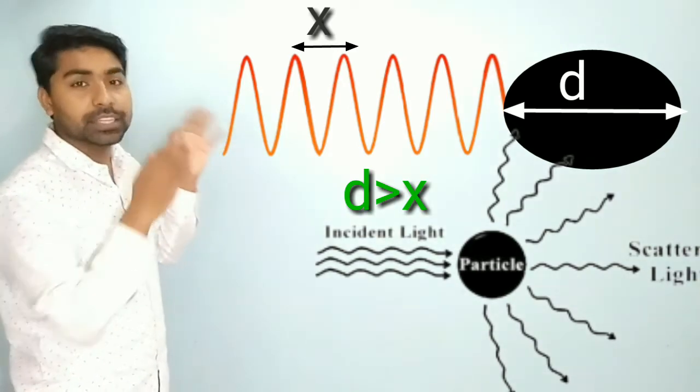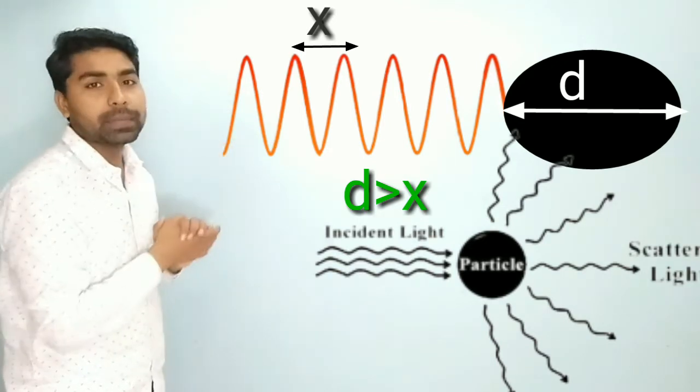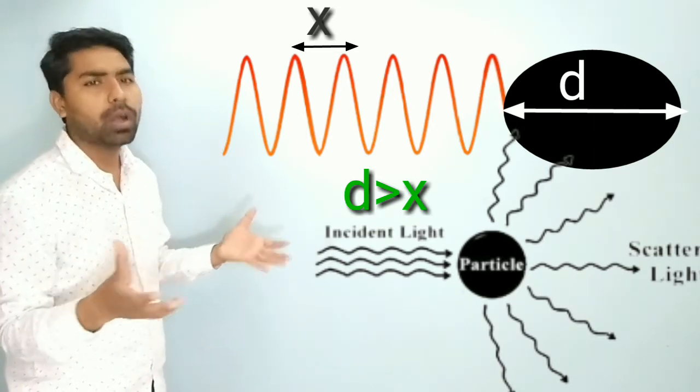This very small wavelength is absorbed by the particle and re-emitted with a little longer wavelength, scattered in all possible directions. So what is the phenomenon? The absorption of light by any particle. The condition is that the diameter should be more than the wavelength. When it is absorbed by the particle and re-emitted in all possible directions with a slightly longer wavelength, this phenomenon is called scattering.